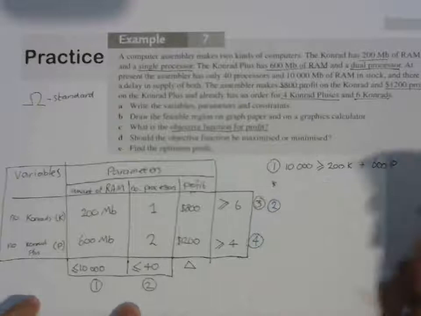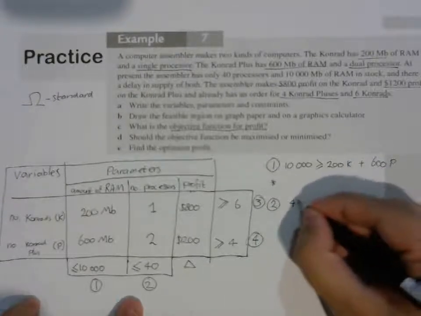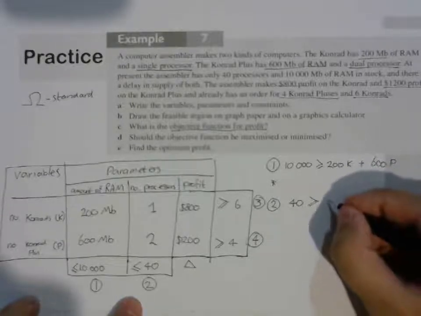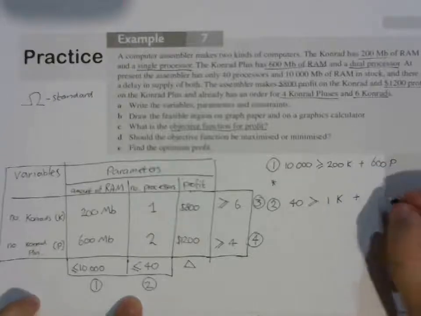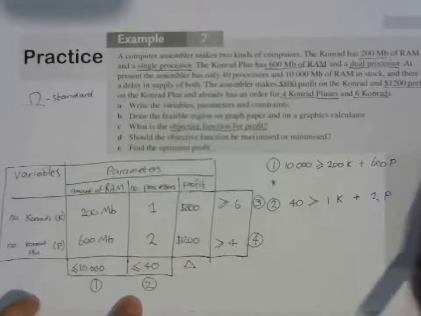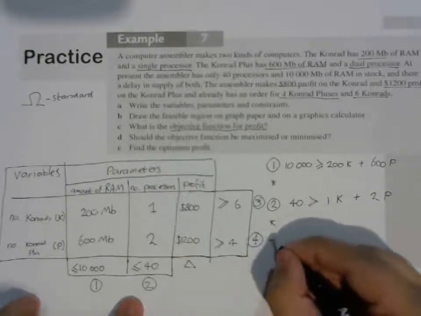The second linear inequality is going to be 40 has to be bigger than or equal to 1 times the number of Conrads plus 2 times the number of Conrad Pluses. And again, I'll leave some space here for rearrangement.